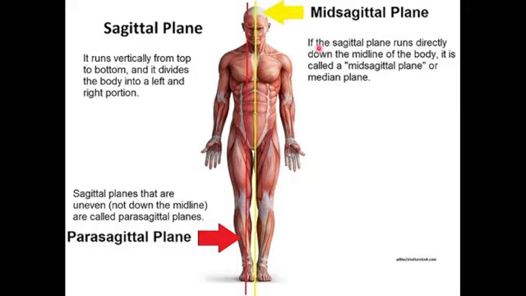Mid, or the middle. But if it's not, then one side is bigger and one side is smaller. Like just right here, that is what we call the parasagittal plane, which is a sagittal plane that is not on the exact middle.